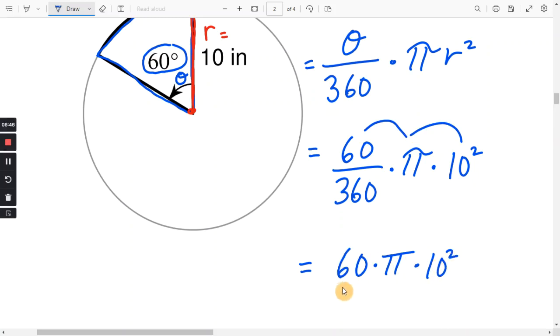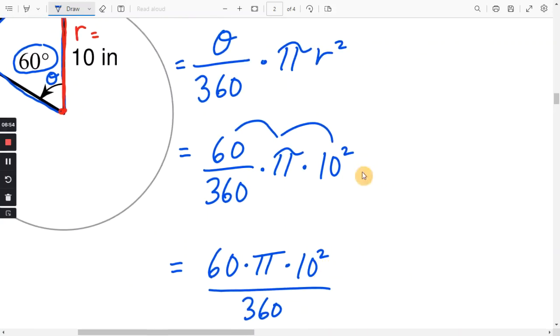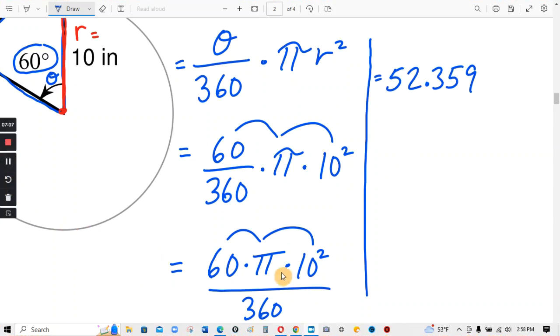Those are all in the numerator, and that's divided by the one denominator, which is 360. Now I'm going to go to the calculator. I'm going to do 60 times pi times 10 squared, hit equals, and then divide by 360. For this fraction, I get 52.359.